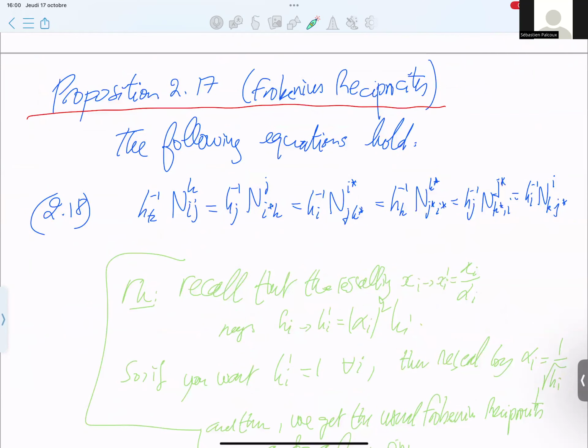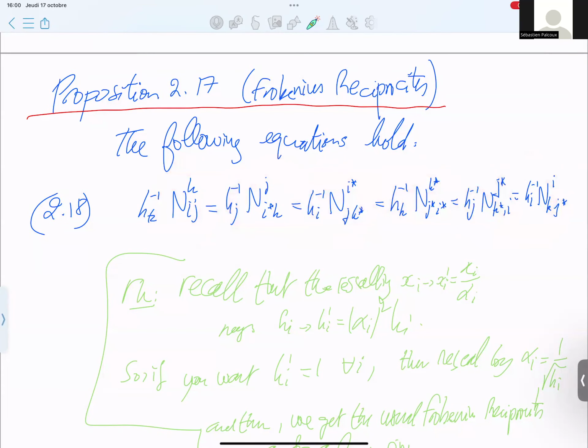For fusion rings there is no coefficient, but the Frobenius reciprocity says that you take the dual, and then you have to permute these two coefficients. Here you have the dual of ij, you have i star, but k and j were permuted. And you can apply it again here and permute these two, and again and again. So if you iterate the Frobenius reciprocity, you get an equality between six.